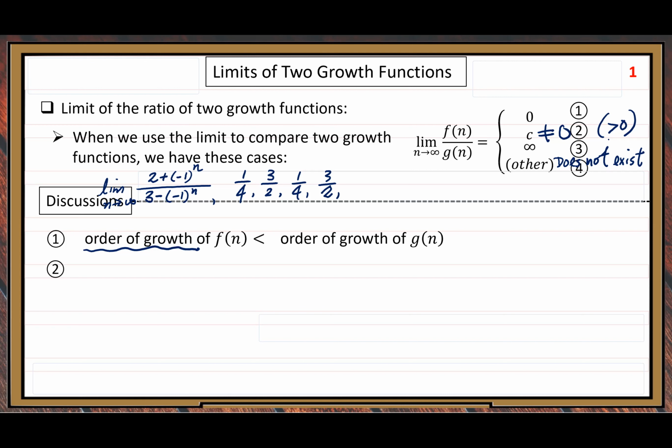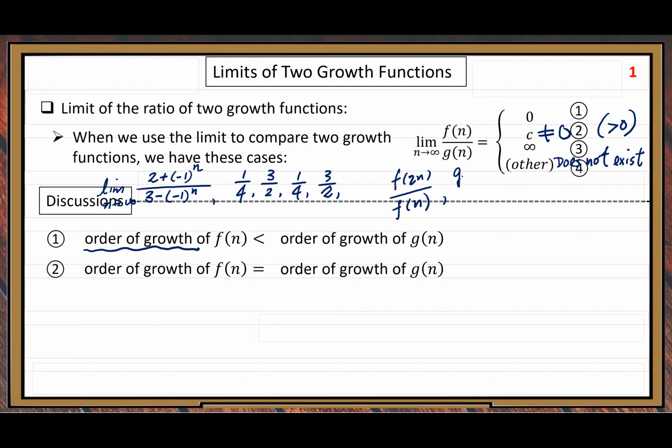So for case number 2, we say they have the same order of growth. That constant C could be large, could be small, but remember, when we take a ratio f of 2n over f of n, we cancel out that constant C. Here, also, g of 2n over g of n.